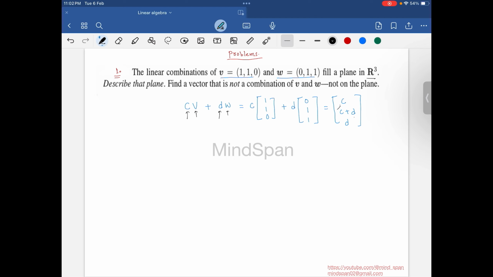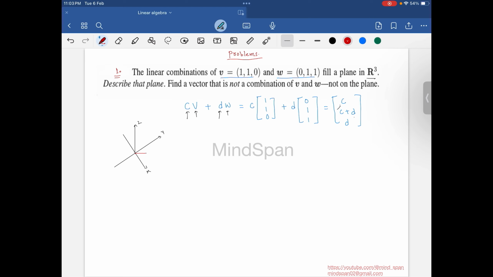And in theory we have already discussed this, but let me give you a picture of how it will look. Let's suppose that we have this three-dimensional space, and let's suppose this is x, this is y, and this is z, right? So v will be somewhere at 1 1 0.